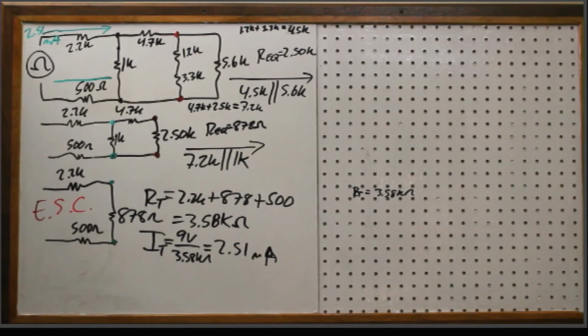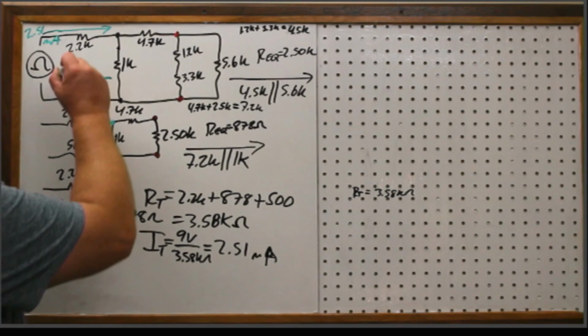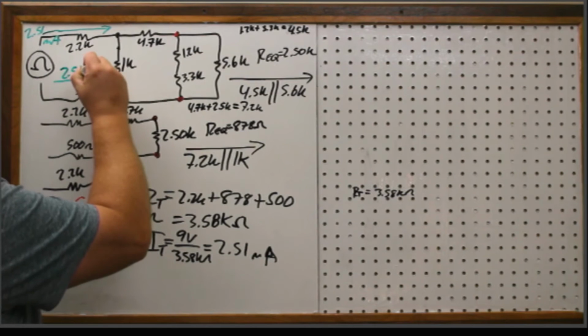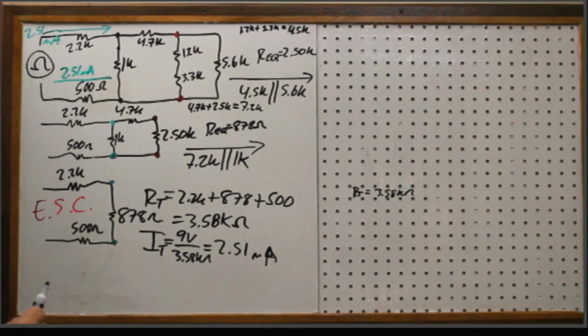If you wanted to, you could look at this as its own branch out here, okay? All of this stuff, until you get to a junction, until you get to a place where more than 3 components meet at the same time, these are all in series with the source. And so they are all 2.51 milliamps.